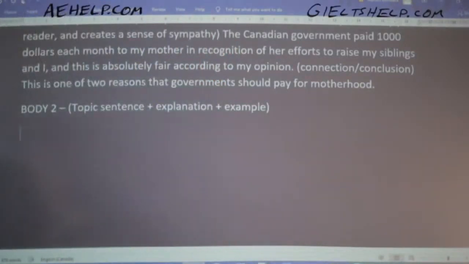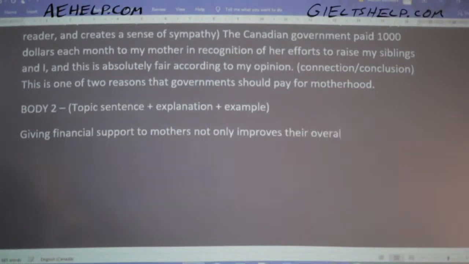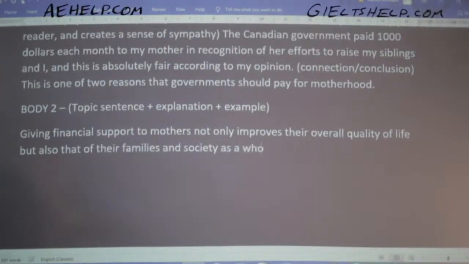So, giving financial support to mothers not only improves their overall quality of life, but also that of their families and society as a whole.